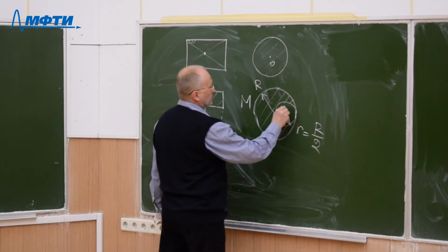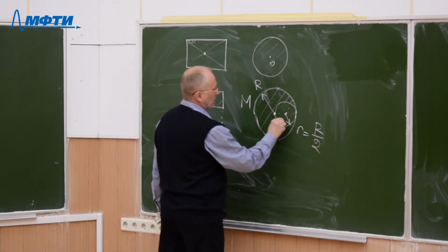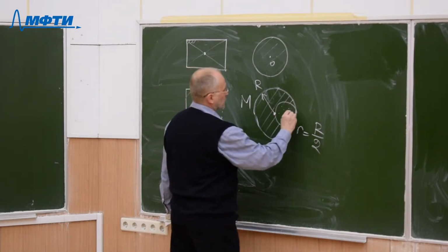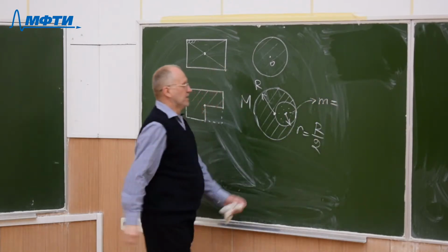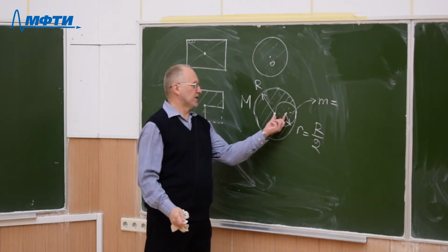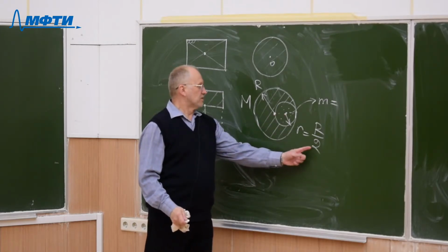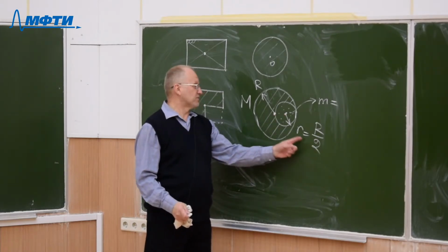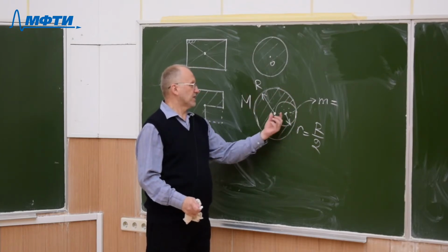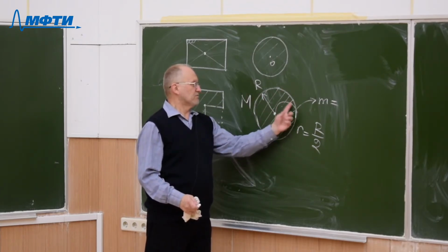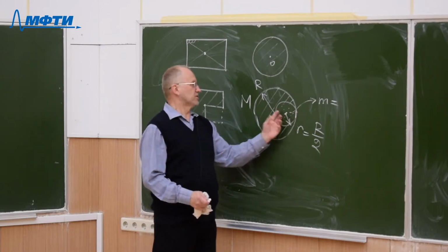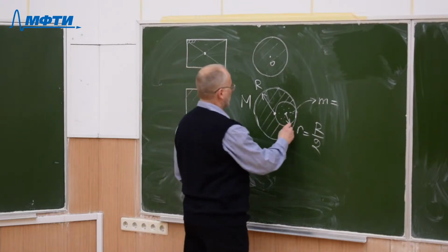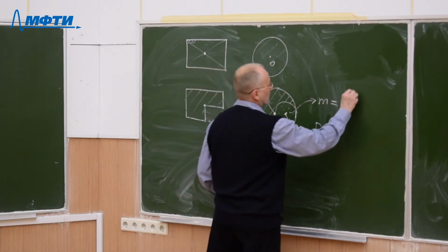And so the total mass of this cut-off section will be what? If the radius of the circle is 2 times less than the radius of the large figure, then the area will be 4 times smaller, and the mass of this cut-out portion will be 4 times smaller than the original mass.